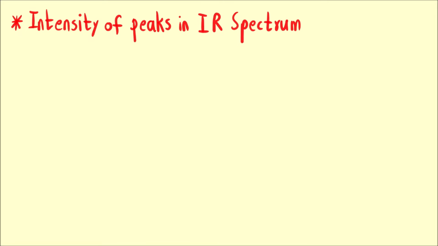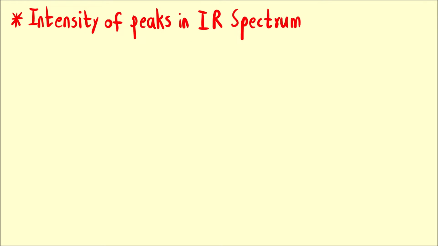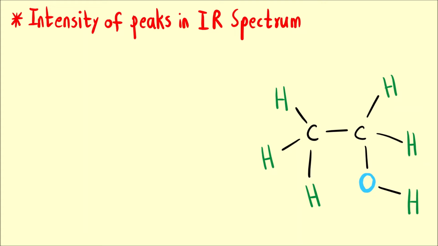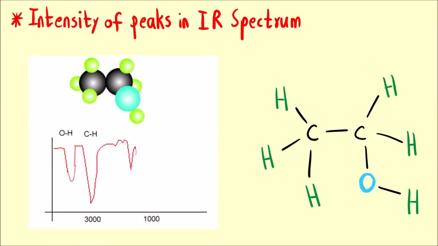Okay, so now let us see how exactly this works. This intensity of peaks we will see in a moment. So this is a molecule, this is ethanol molecule, CH3CH2OH. Now you can see in this animation, as each bond vibrates, you will see that you get an inverted peak. So first let us see this again.